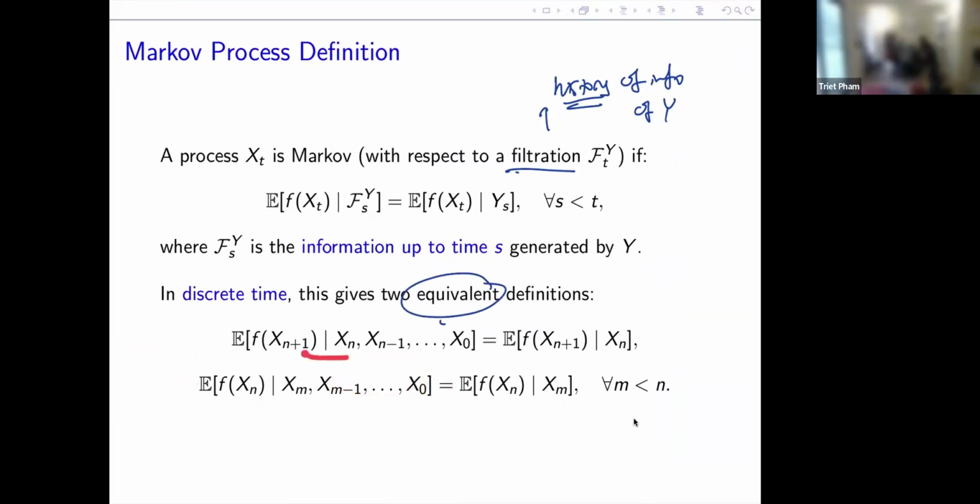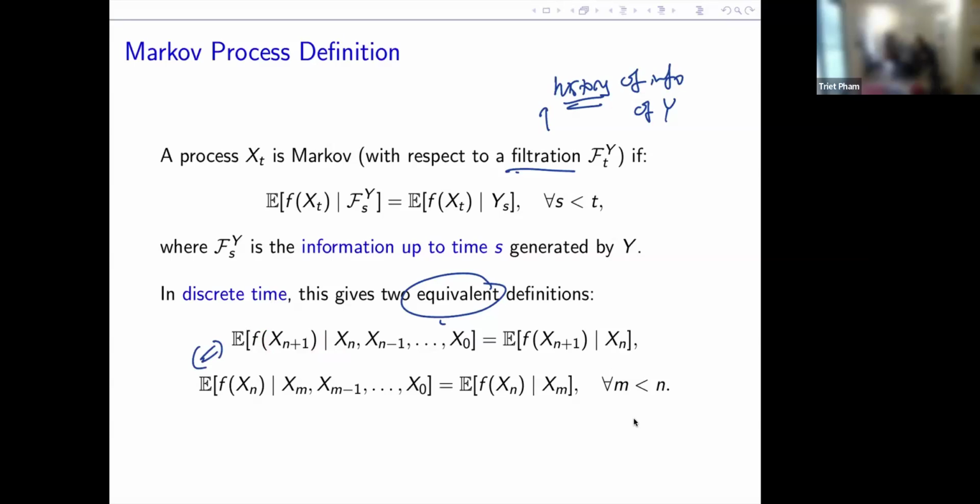Meaning that a one step gap and a general gap, as long as the definition is the same, that you can drop the information before the most recent one, then either one of them is Markov, meaning that one of them implies the other. And if you want to really go into the proof of this, you have to show that somehow they're equivalent. So that's the first novelty, the first generality that you want to pay attention to compared to the previous slide.